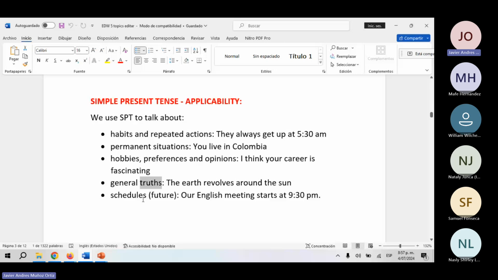And the fifth reason why we study simple present tense is because we are going to predict the future. What kind of future? A future that is already organized in our schedules. It doesn't matter what we do, this event is going to happen.